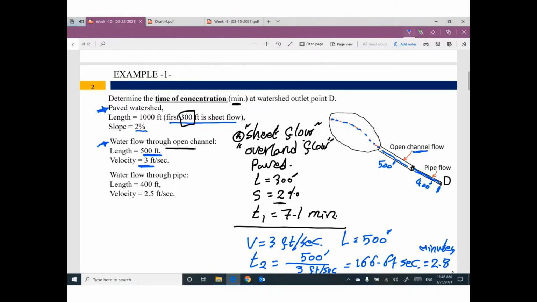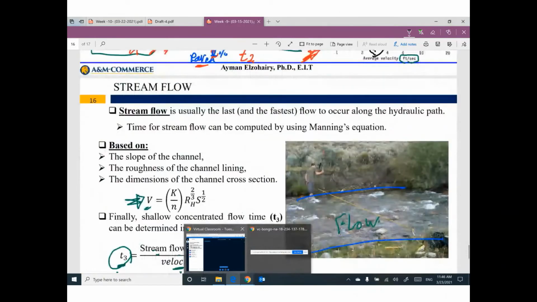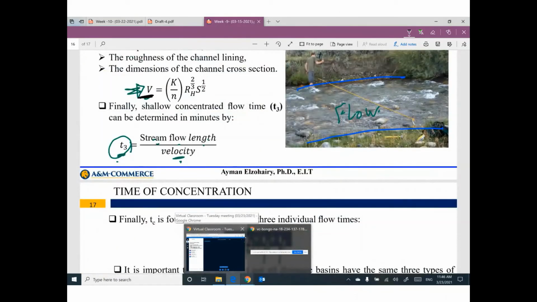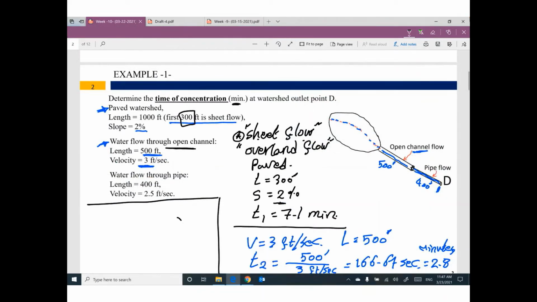The third flow is stream flow. You need to figure out the velocity by the Manning equation. Once you get the velocity and the length, you can figure out T3. I don't need to do this, because velocity is given as 2.5 feet per second. You are lucky.